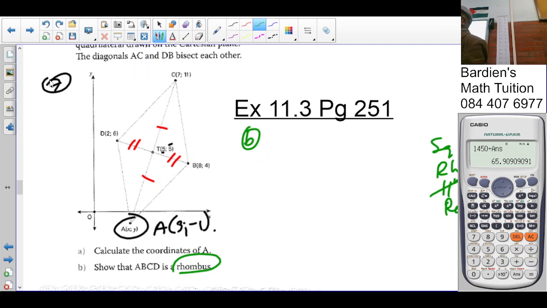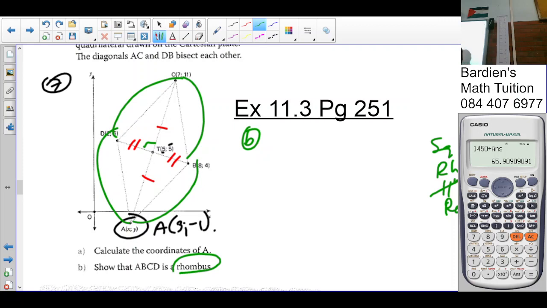Diagonals are perpendicular. So if I can prove that that is the case, then it could be a rhombus. Or I could work out all the lengths and show that they are equal, then it could be a rhombus as well. You guys understand?